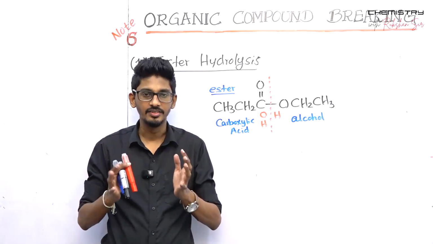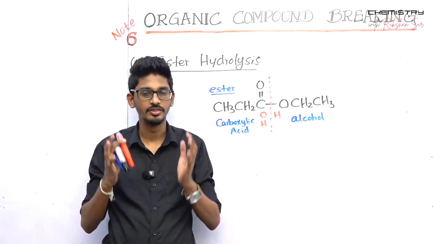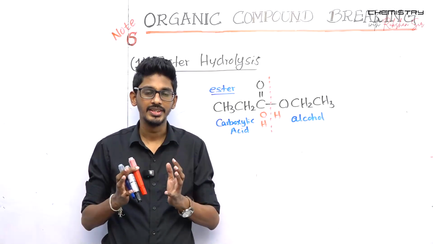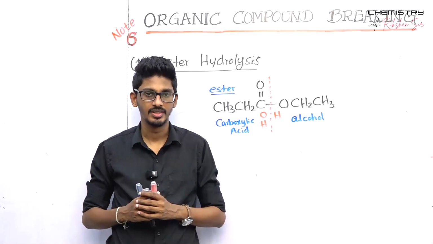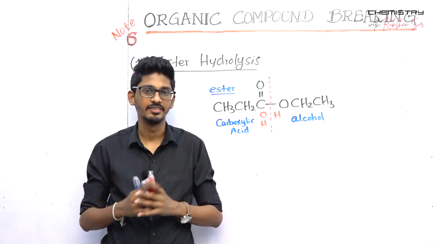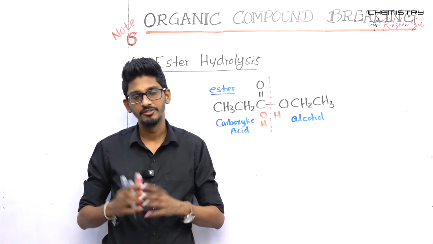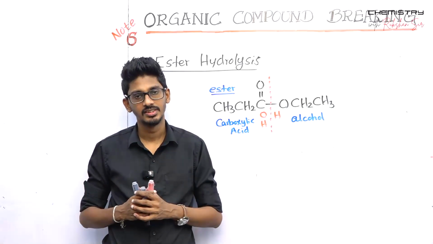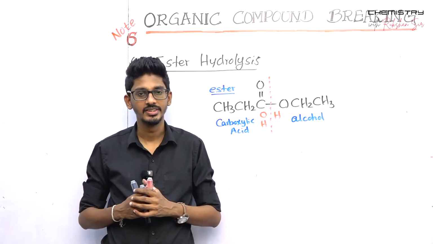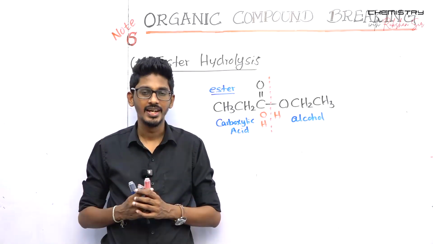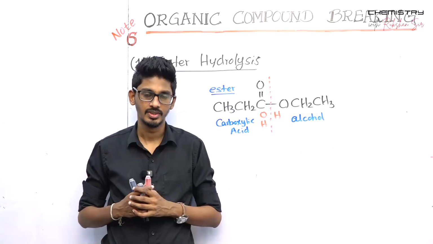As catalysts for the hydrolysis of esters, we can use acids as well as bases. If you use the acid for your hydrolysis reaction, it is referred to as the acid hydrolysis reaction.